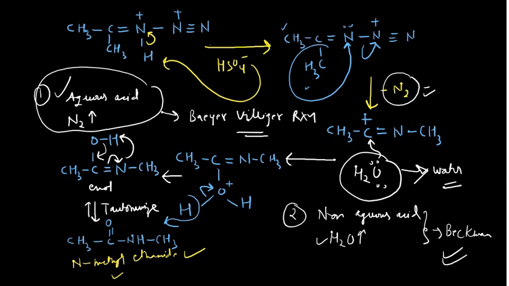Okay. So, however, there is no difference between the products. Whether you use the Baeyer-Villiger pathway, you end up with the N-substituted amide. If you use the Beckmann pathway, you also end up with the N-substituted amide. The only difference is that you have a slightly different mechanism for this one.